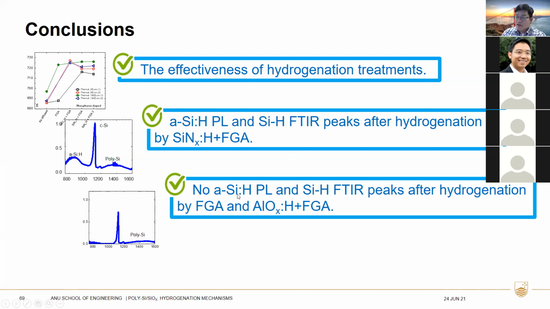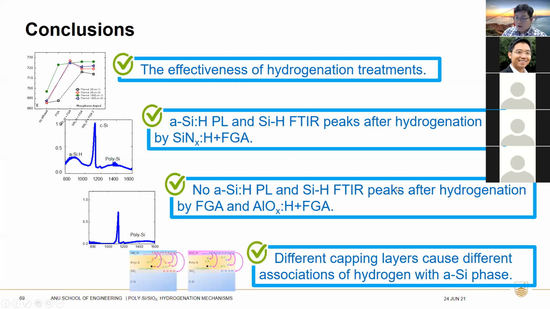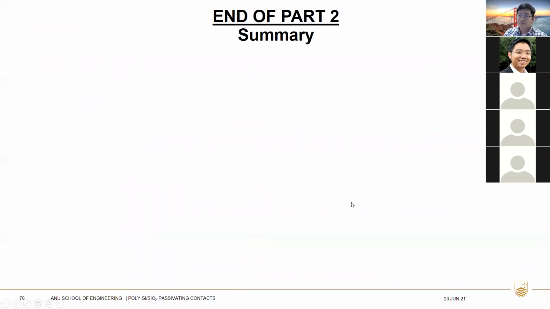And there are no hydrogenated amorphous silicon PL peaks and silicon hydrogen FTIR peaks after the hydrogenation by forming gas anew and ALOX forming gas anew. Finally, the different capping layers cause different association of the hydrogen with the amorphous silicon phase. So this is the end of part 2.